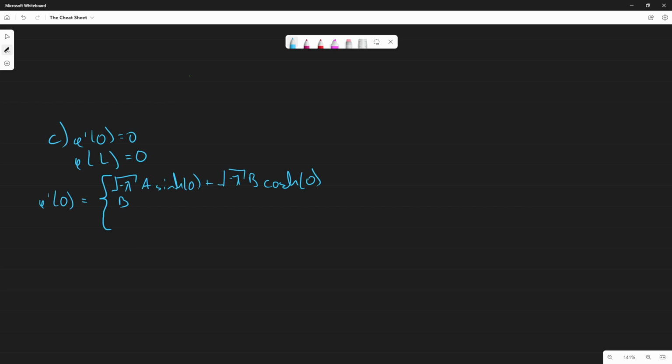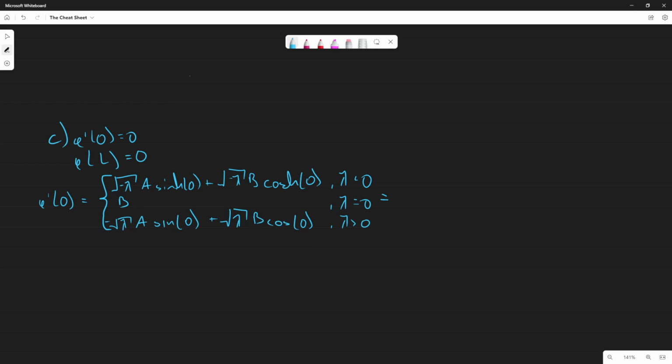This one should be just b, and this one is square root of lambda a times negative sine of 0 plus square root of lambda b times cosine of 0. And so this is for when lambda is negative, lambda is 0, and lambda is positive.